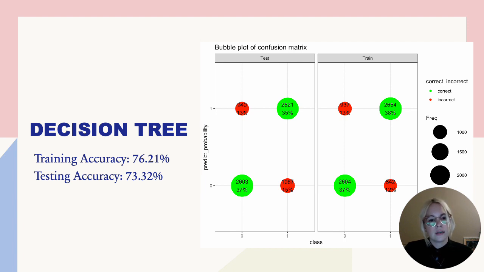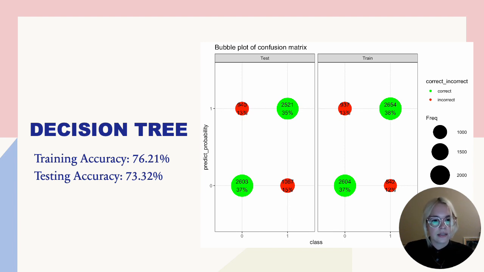And then we have a bubble plot of the confusion matrix for the testing and training data. The percentages on these bubbles represent the percentage of total observations.